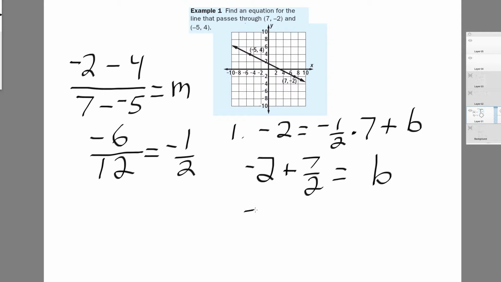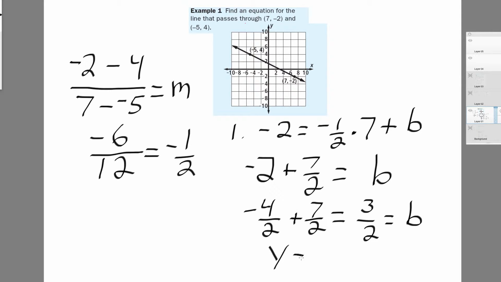So a -4/2 plus 7/2 equals 3/2, which equals b, and that looks about right for where it's crossing the y-axis, and that means we now have our equation, which is y equals -1/2 x plus 3/2.